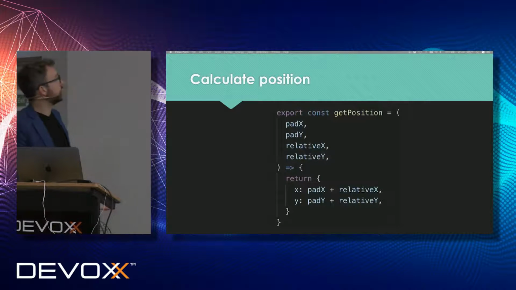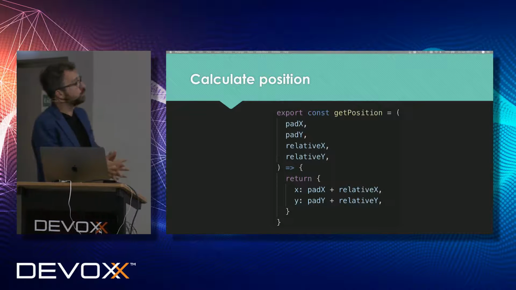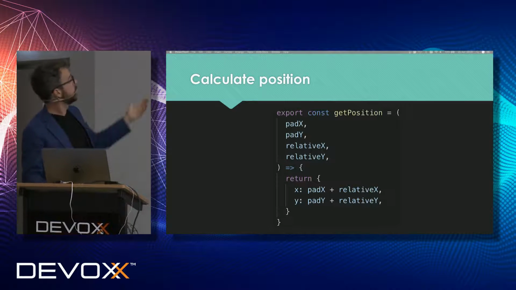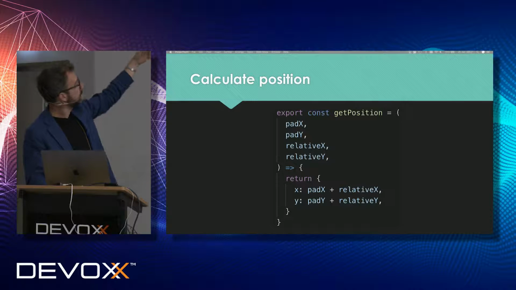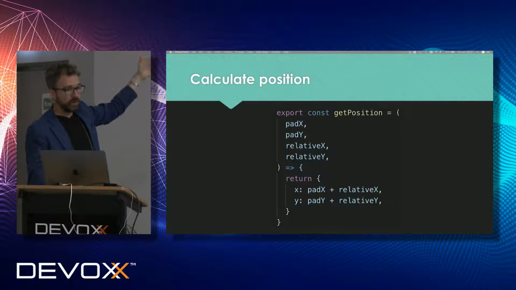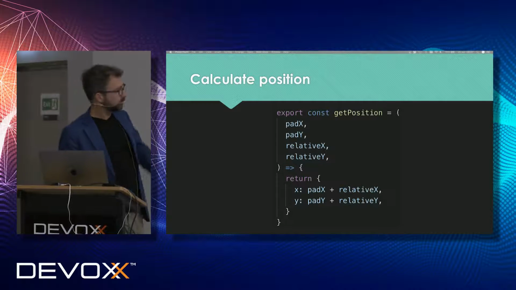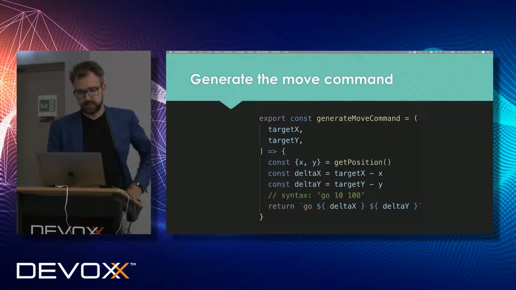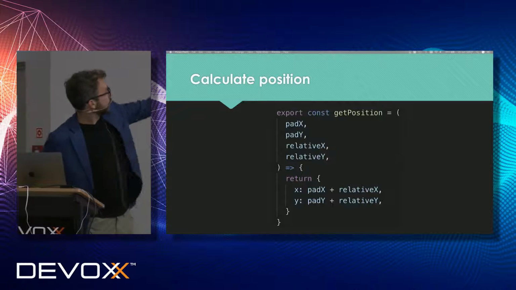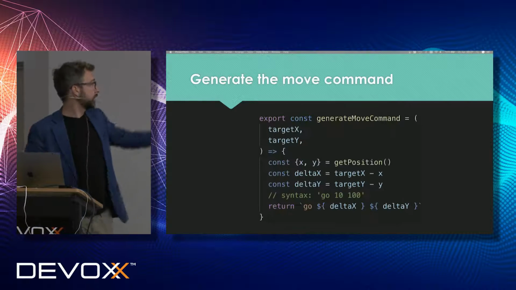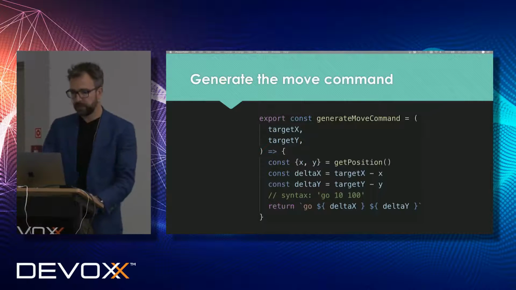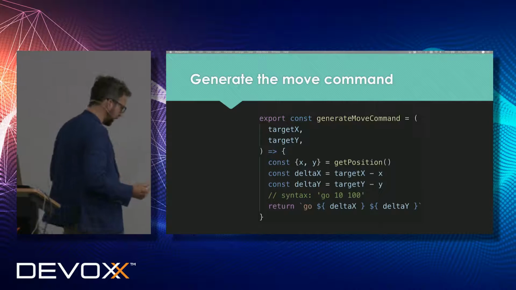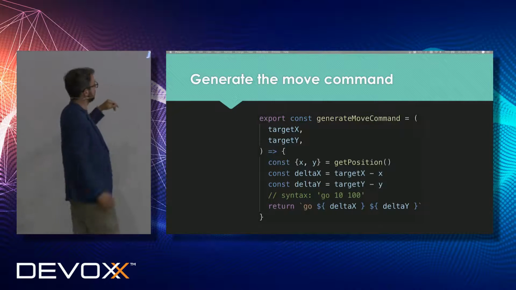So the code to get this becomes pretty simple. You have the x and the y of the pad, you have the relative x and the relative y of the drone, and to get the x and the y of the drone, you just combine the pad x with the relative x, and same goes for the y. When you want to generate a command, the syntax is very specific for the drone.